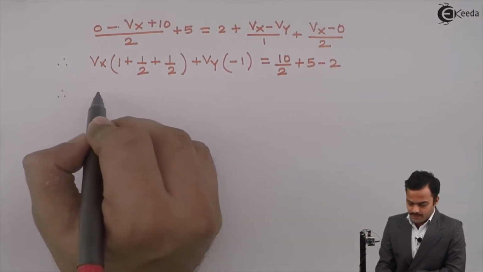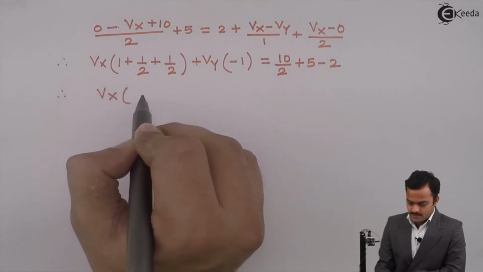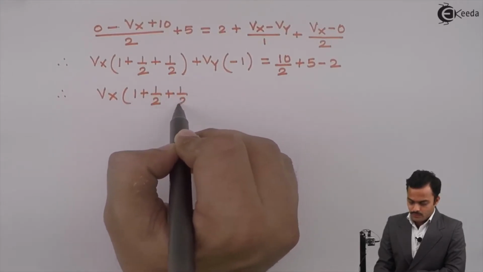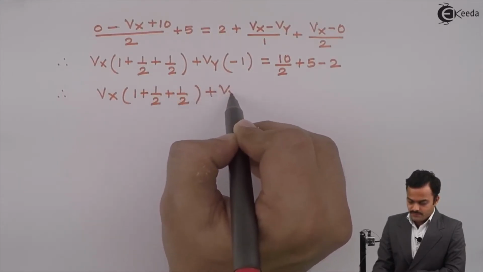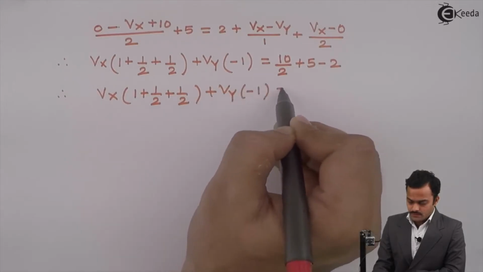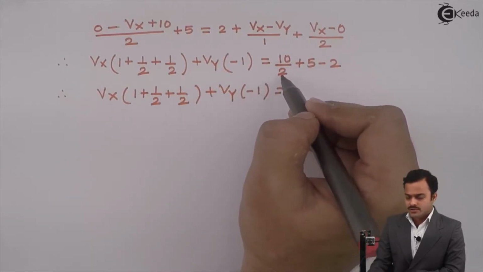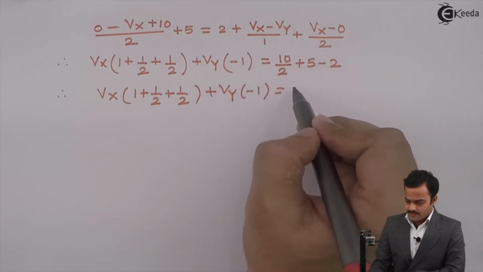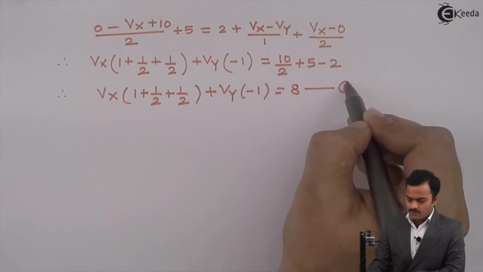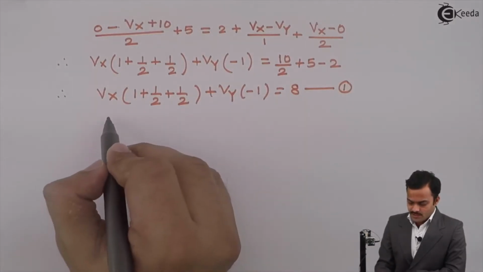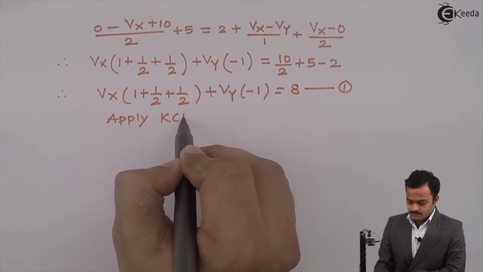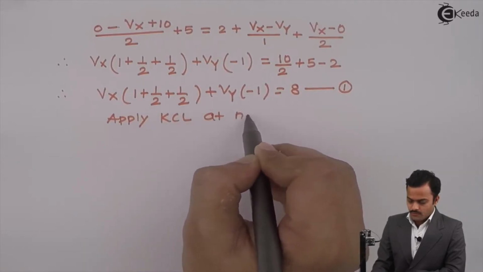So if I simplify, I will get Vx (1 plus 1 by 2 plus 1 by 2) plus Vy (minus 1) equal to 10 divided by 2 is 5, 5 plus 5 is 10, 10 minus 2 is 8. Equation number 1. Similarly, I can apply KCL at node Y.